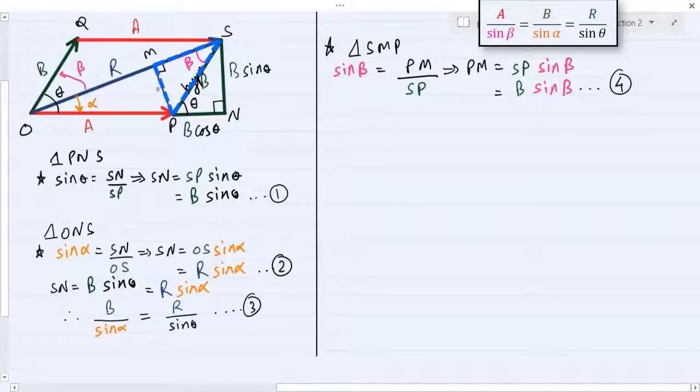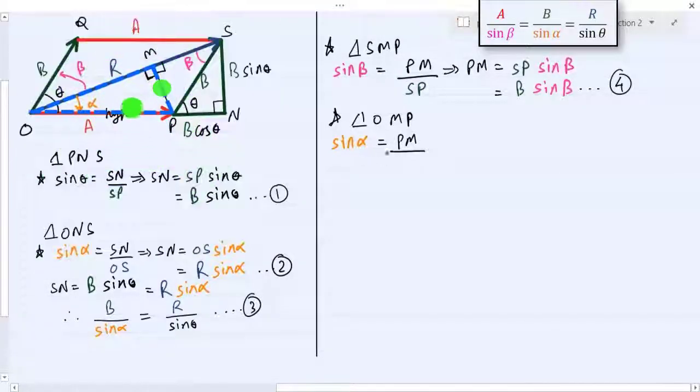Now, let's try to get the value of sine alpha again. But this time, we are going to use the right angle triangle OMP, where OP is the hypotenuse. So, we can say sine alpha is equal to the opposite edge to alpha, or we can say PM, upon the hypotenuse, which is OP.